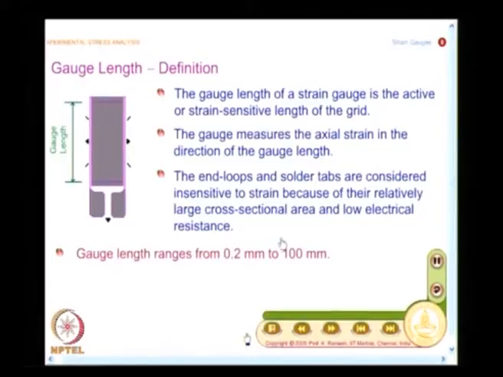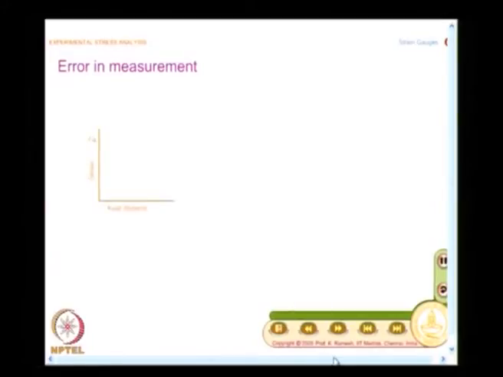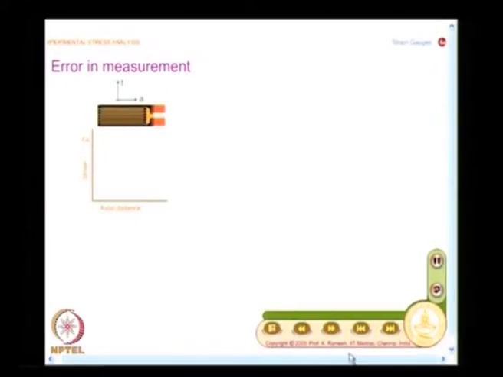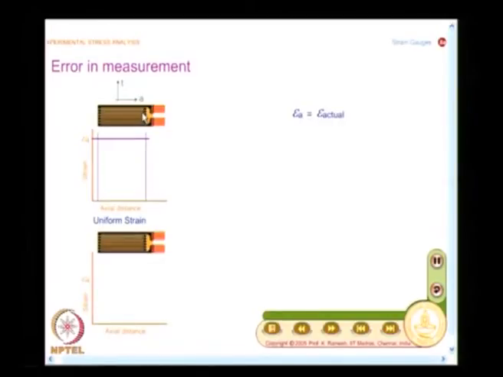And let us also look at what errors could come when gauge length is not chosen appropriately. Suppose I have a constant stress, does gauge length have any influence? No influence. Whatever strain I measure is equal to the actual strain. Suppose I have a strain varying linearly.